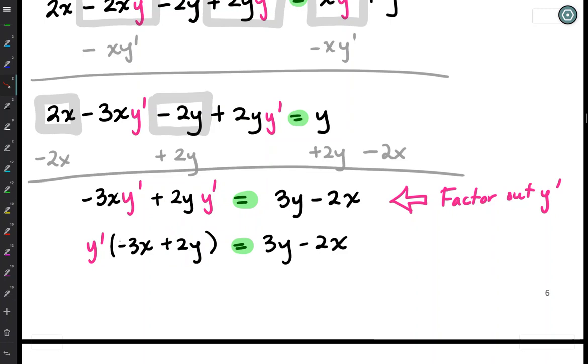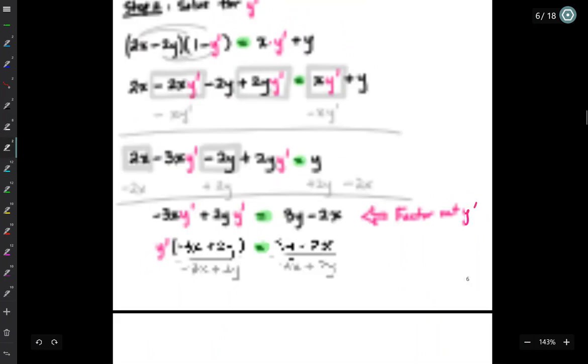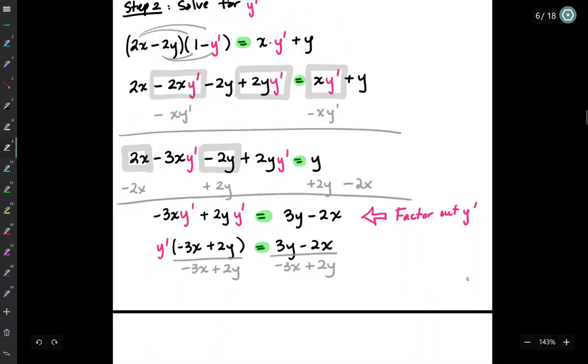So now I'm ready. The thing that I'm looking for is being multiplied by just one thing. I'm going to go ahead and divide both sides by minus 3x plus 2y, and I am done. And as always, I write a little big, so let's fit it on there, and we're done.